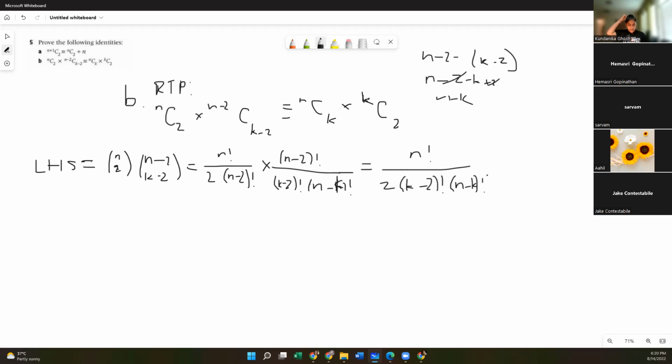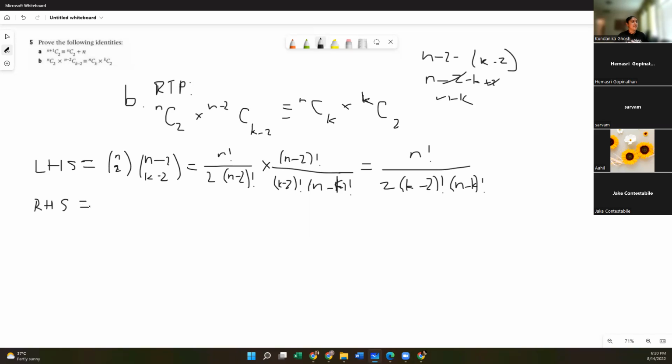Now, I'm going to leave it like this just because I don't know if I want to expand it more or expand it less or do something else to it until I can figure out what my right-hand side equals. And then we can figure out what we have to change in either of the equations, or if we don't have to change anything, perfect. We've just proven whatever it is we have to prove.